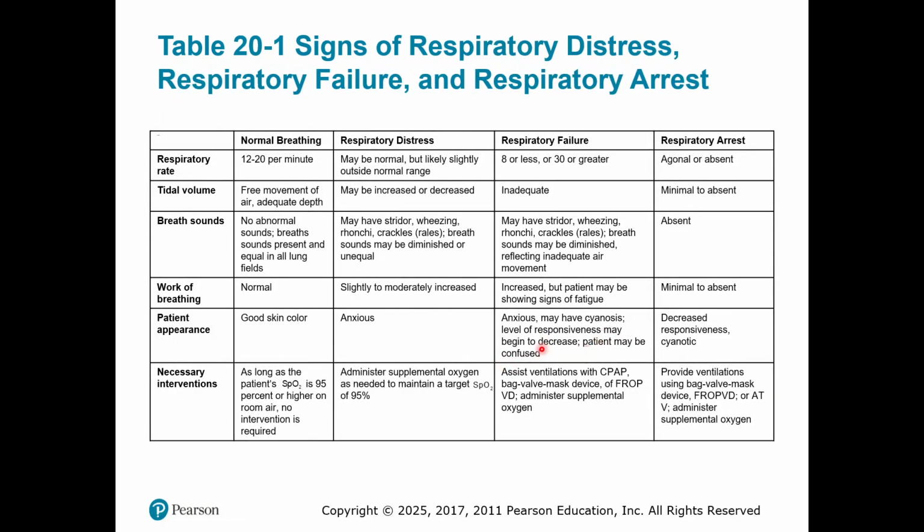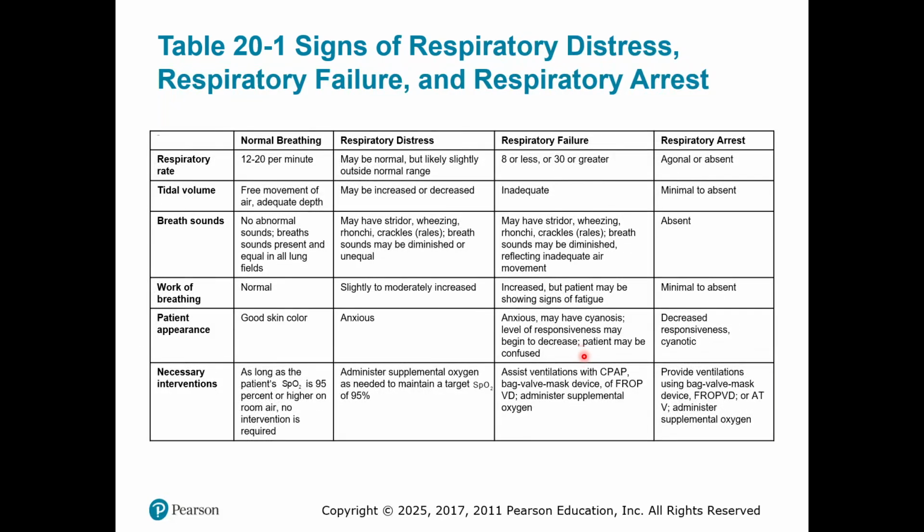But these are great because, if you have an exam, right, in the exam they don't tell you you have an inch of chest rise and fall. They may say, hey, you have a 40-year-old male who's extremely anxious and with cyanosis to the lips, and their level of consciousness is alert and oriented times 1, and they're confused.